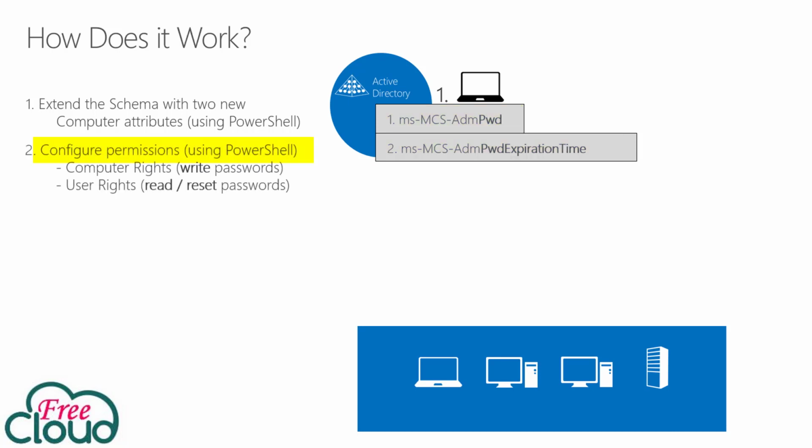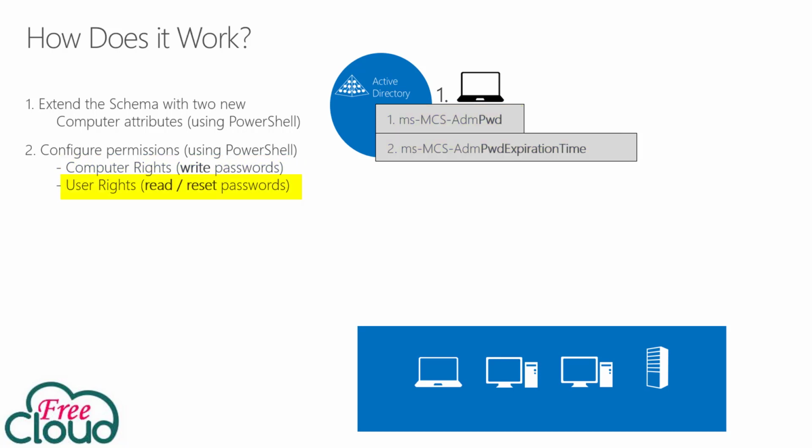After that, configure permissions using PowerShell and grant write permission for all computer accounts on both attributes. This is required so the machine can update the password and expiration timestamp of its own managed local administrator password.